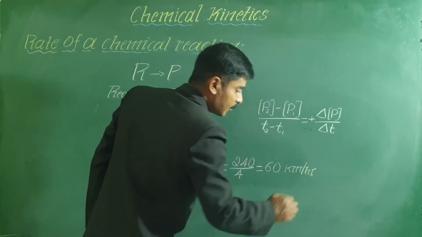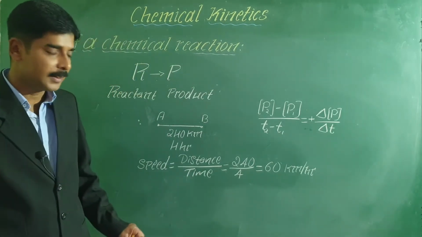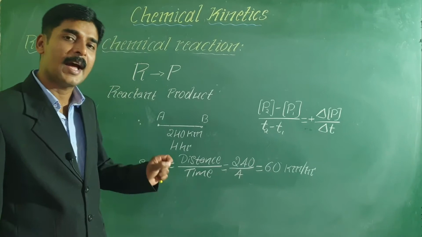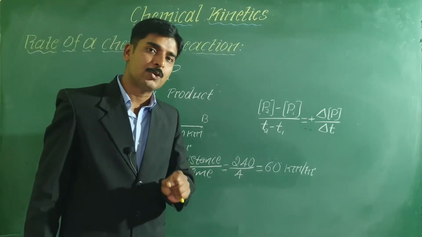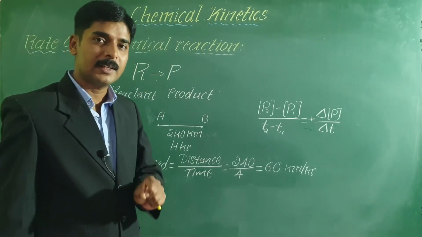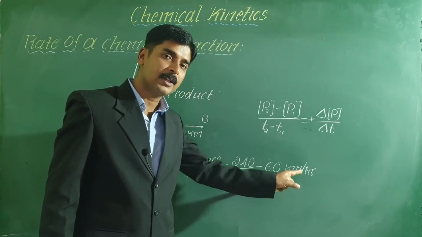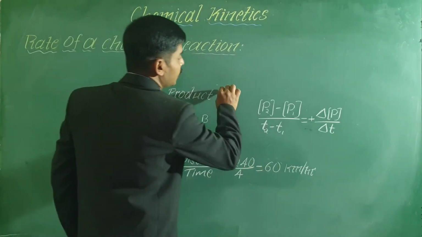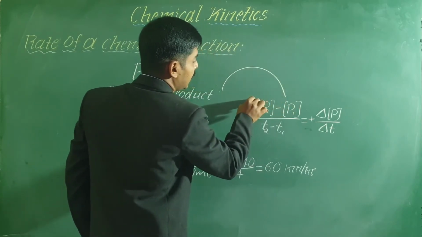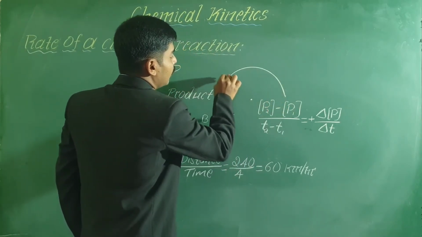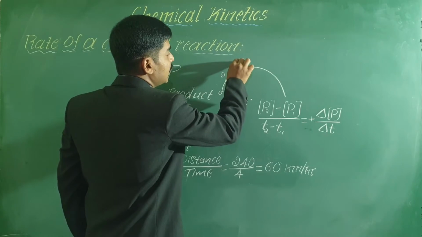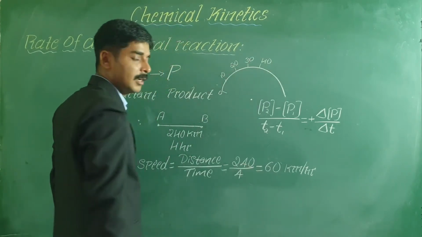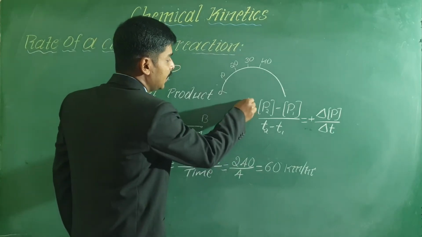Now my question for you is whether 60 kilometers per hour was the actual speed with which you were driving. You know the speedometer, in all vehicles there is a speedometer which is used to measure the instantaneous speed of a car or any vehicle, right?